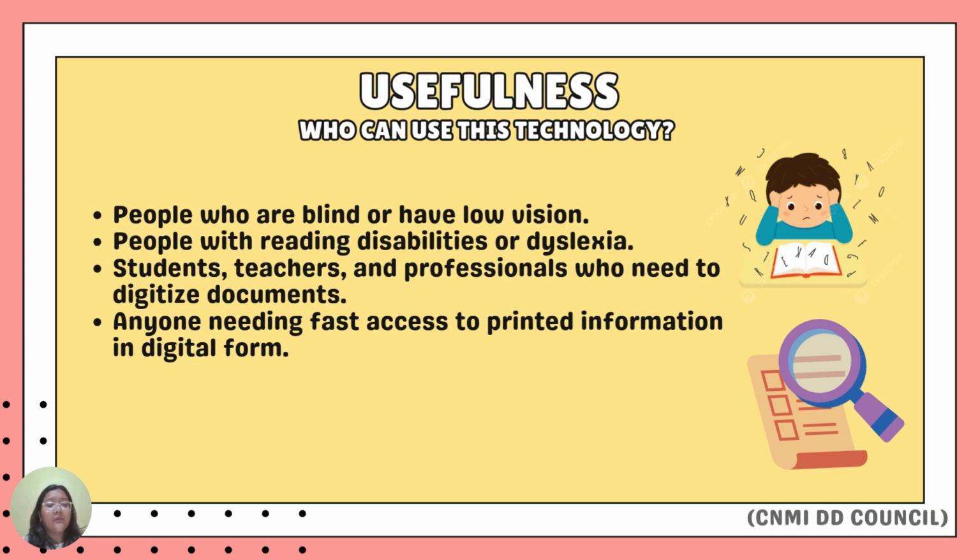And again, people who are blind or have low vision, with reading disabilities or dyslexia, but it's also just for people with normal vision. So students, teachers, and professionals who need to digitize documents, and anyone needing fast access to printed information in digital form, can use OCR.